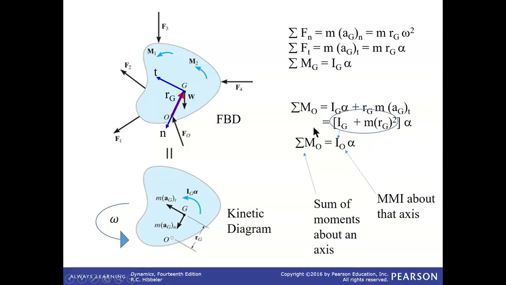If that is not the case, then use the equation where the sum of moments about the point of rotation is equal to the moment of inertia about that point multiplied by angular acceleration. Okay. You will get all these equations in your final equation sheet for the exam, so you don't have to worry about memorizing them. However, make sure that you understand the meaning and significance of each and every component of this equation.